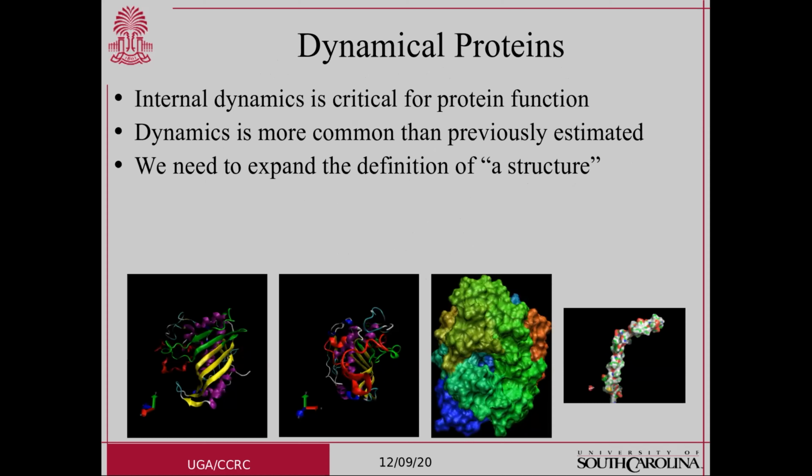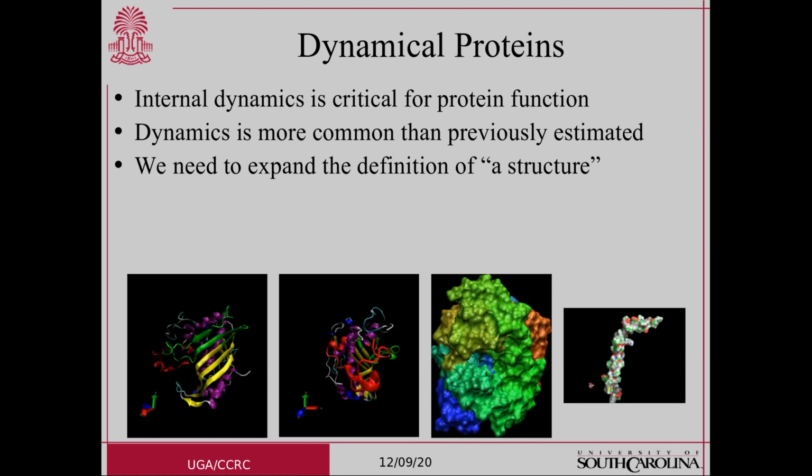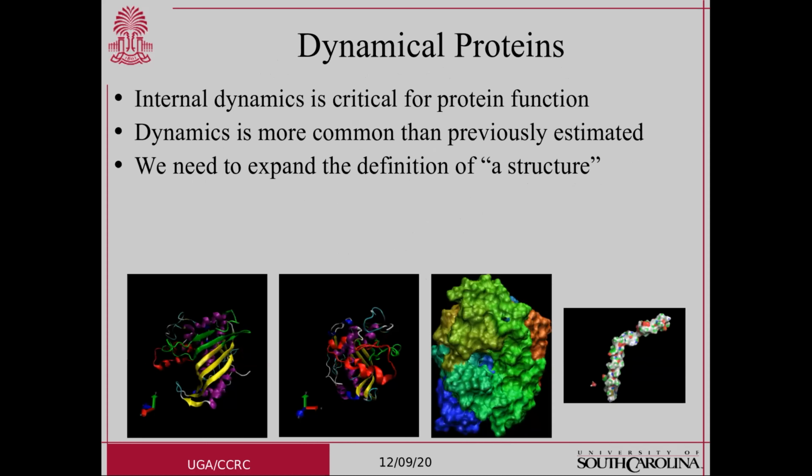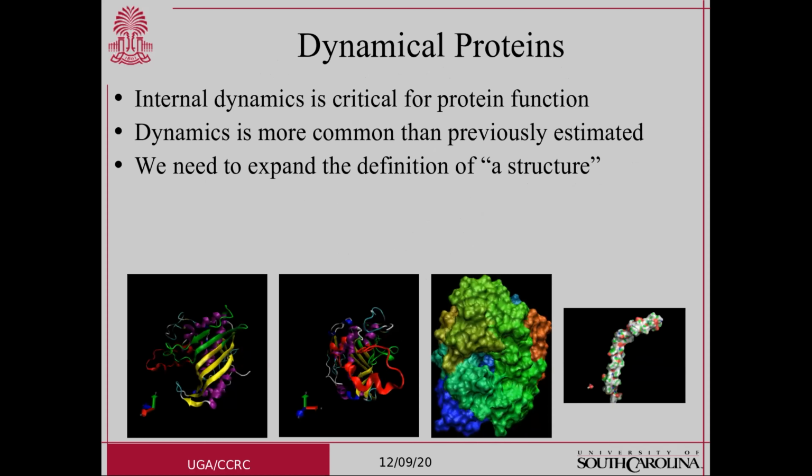Some relevant points: internal dynamics is critical for the function of more and more proteins as we begin to look into it. There are a number of examples. Some are what I have shown here, and there are additional ones reported in the literature.